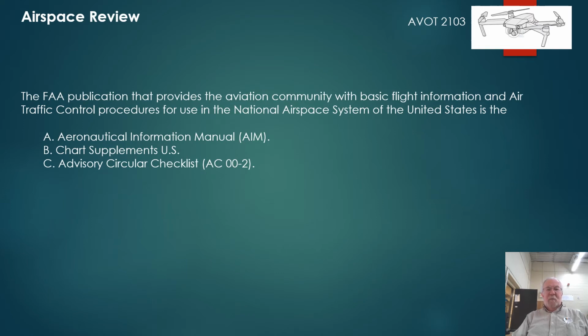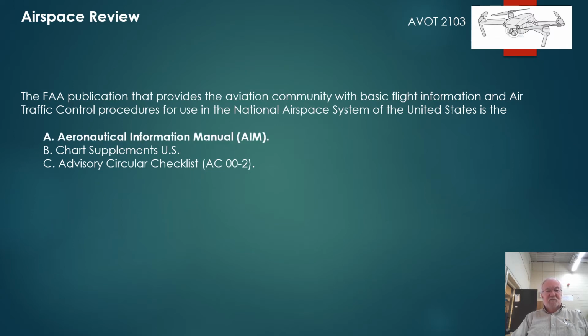FAA publications that provide the aviation community with basic flight information and air traffic control procedures for use in the National Airspace System in the United States is the: A, Aeronautical Information Manual; B, Chart Supplement US; C, Advisory Circular Checklist.